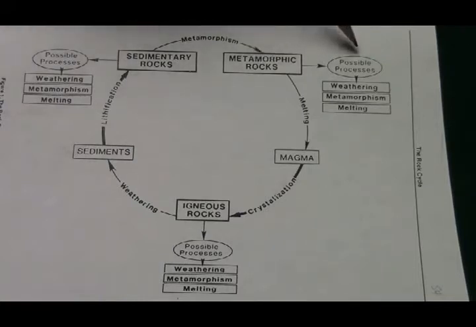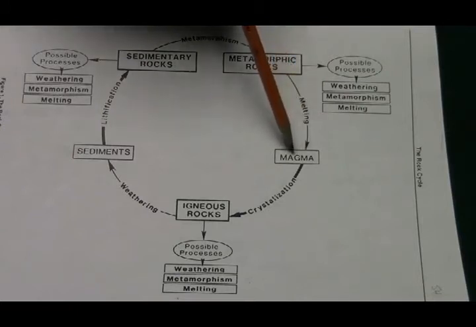Metamorphic rock, there are a number of different processes that occur to them, but continuing on and finishing the main part of the cycle, metamorphic rocks, if they're exposed to increasingly high temperatures, will eventually melt, and when any kind of rock melts, it's always going to form magma, and we're back where we started.